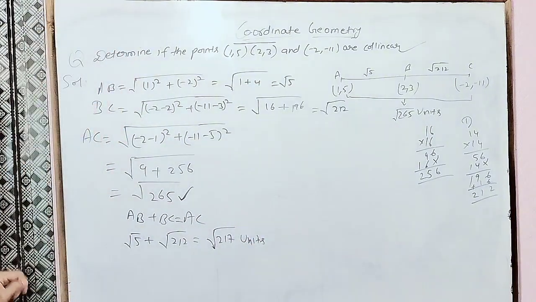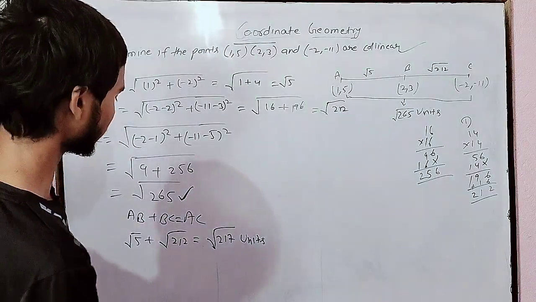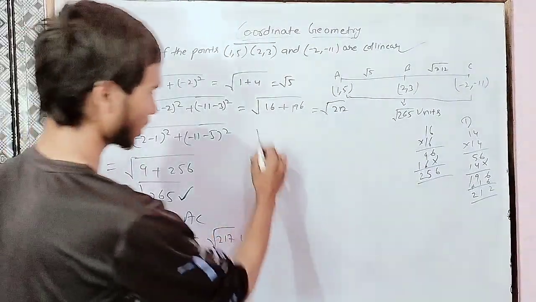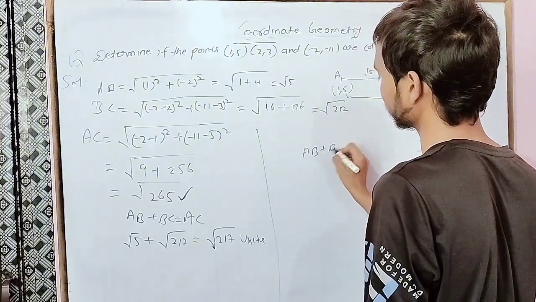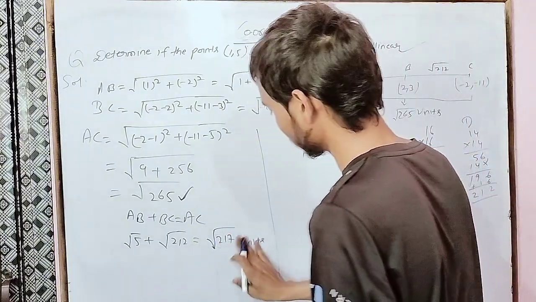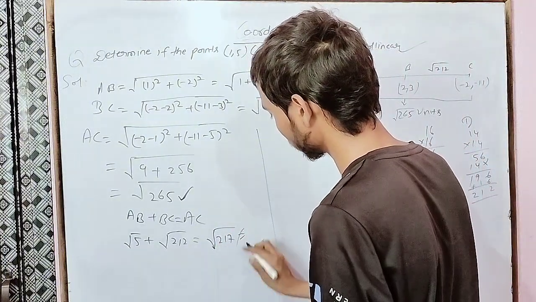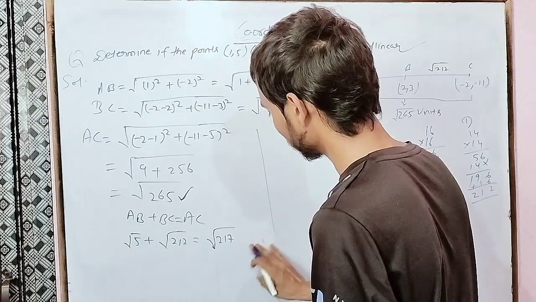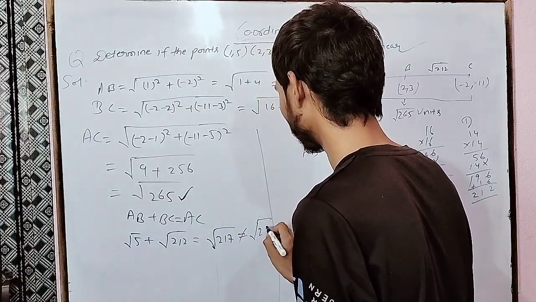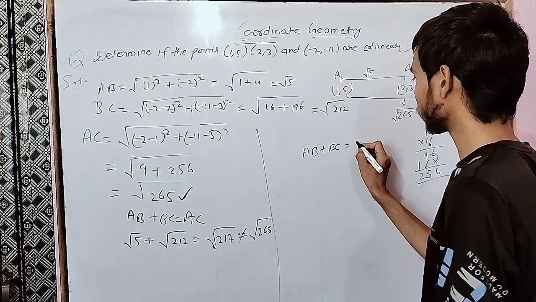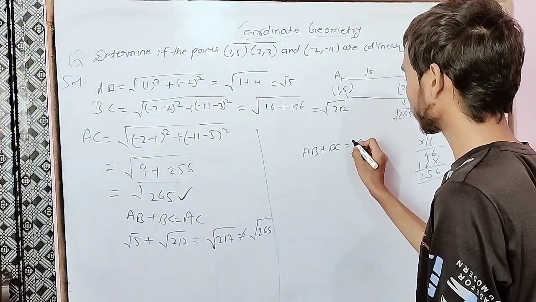So here you can see, we can say now that AB plus BC is not equal to root 265. So AC is not equal.